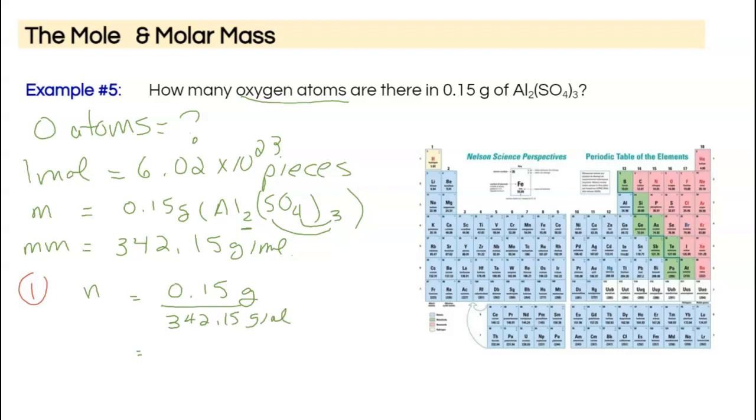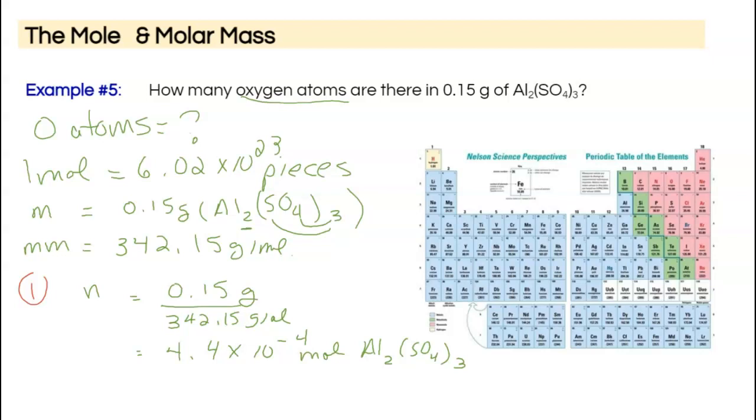And that gives me a value of, and please feel free to double check every calculation, now I'm going to round this to 2 significant digits, 4.4 times 10 to the negative 4 moles. But that's moles of aluminum sulfate, right? That's not moles of oxygen atoms. And so my next step is going to be to take this one step further.